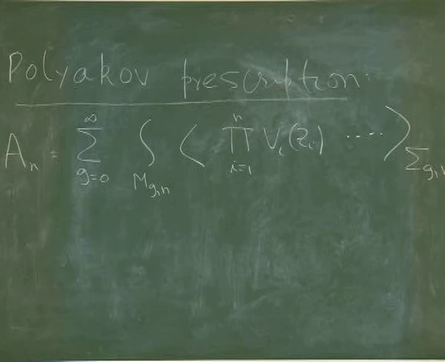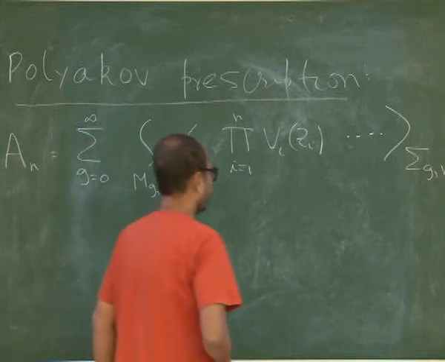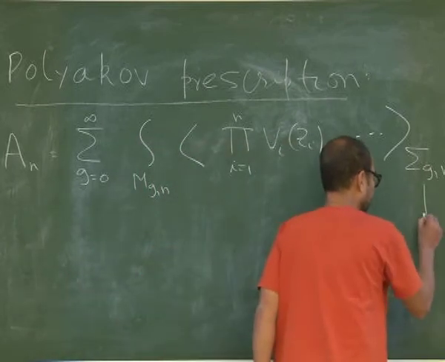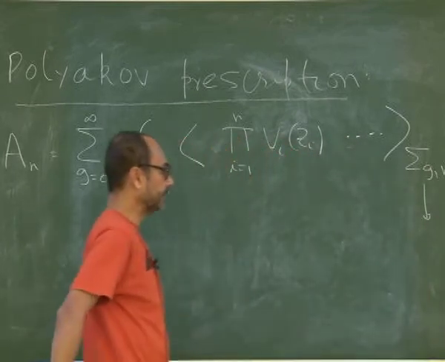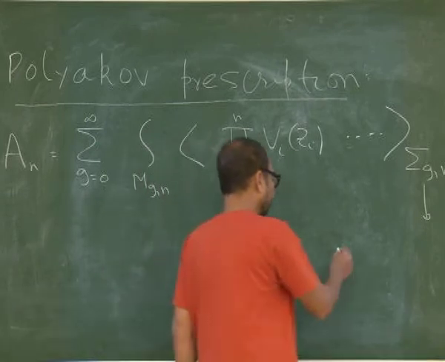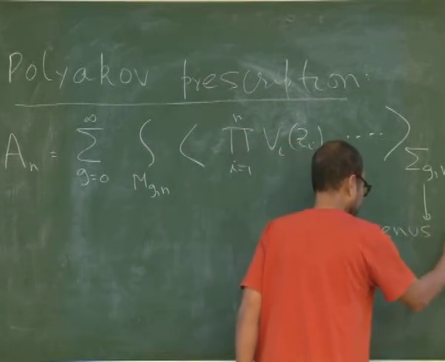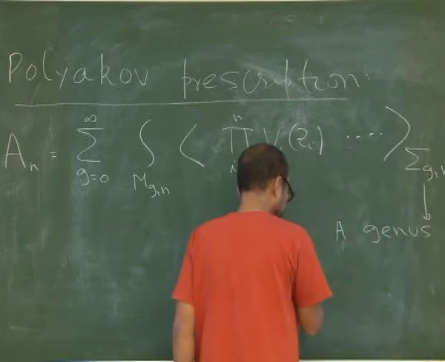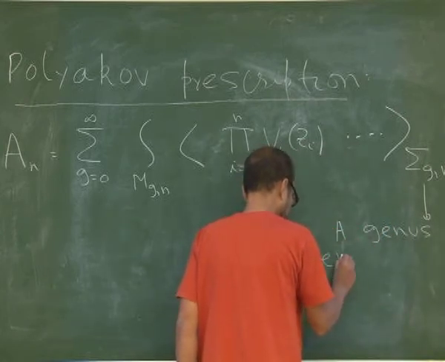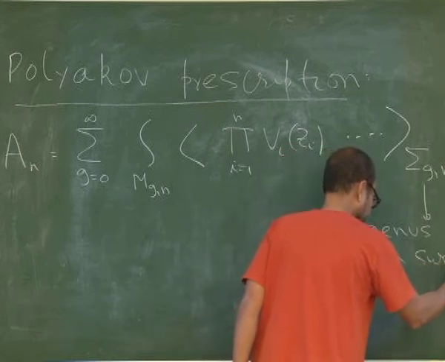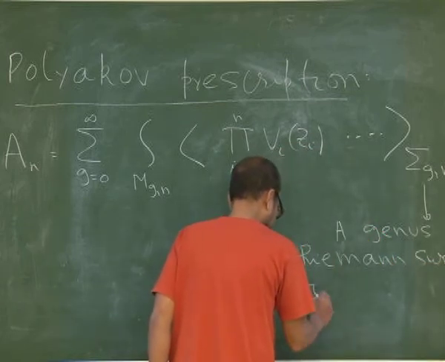So, let me try to explain briefly various parts of this formula. Let me start with this. Sigma Gn, what does it mean? This is a genus G Riemann surface, which is a Riemann surface with G handles, with n punctures.